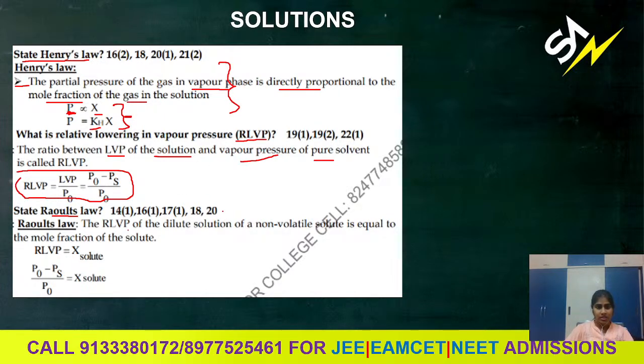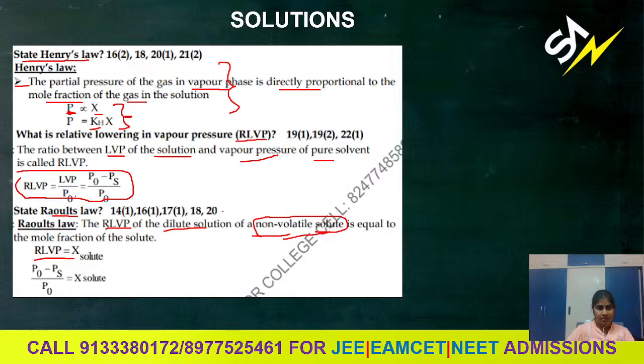According to Raoult's law, the relative lowering of vapor pressure of a dilute solution of a non-volatile solute is equal to the mole fraction of the solute. This non-volatile solute is more important.